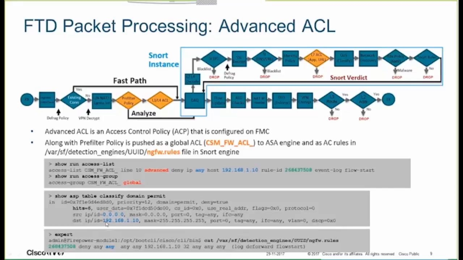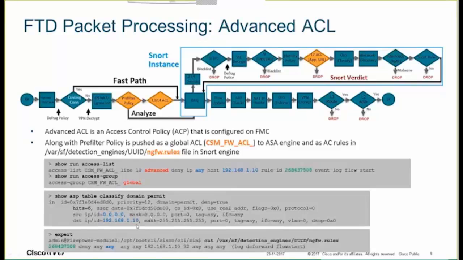The destination IP is 192.168.1.10, and because this is a host, the mask is /32. Again, since this is a layer 3 ACL, there is no port. As you can see, the action is deny equals true, so we are denying this traffic. If this action was set to permit, we would see deny equals false here.